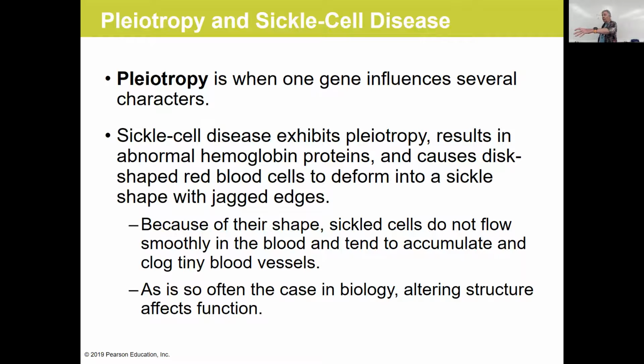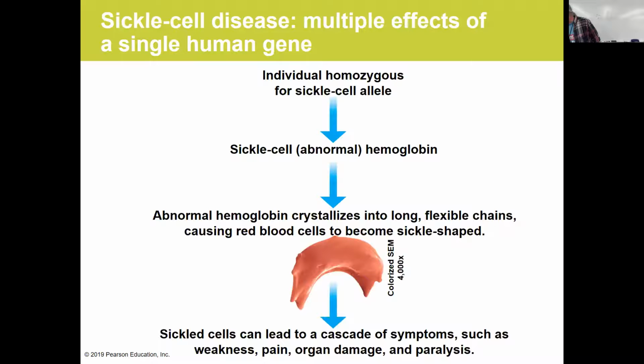So if you get into a low oxygen situation, the cells don't flow smoothly in the blood, and they tend to accumulate and clog tiny blood vessels. So altering structure affects function. And there it is. Under a low oxygen situation, the cells become sickle shaped rather than disc shaped.